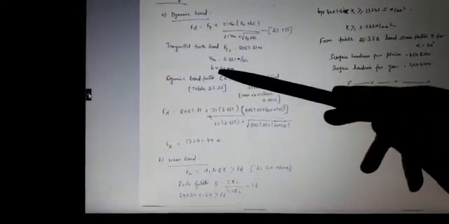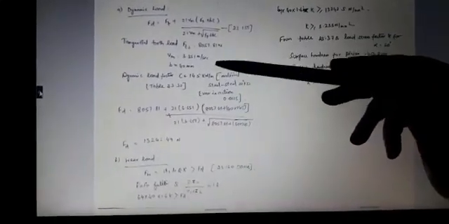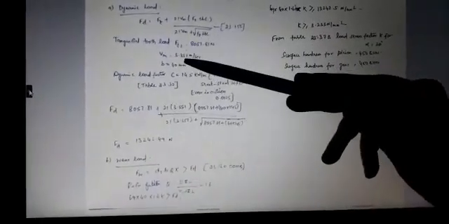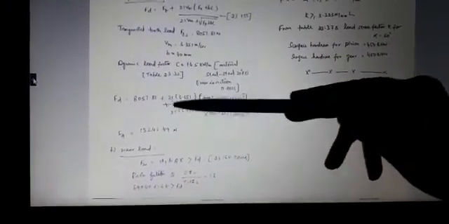C is equal to the dynamic load factor, C equal to 145 kilonewton per meter. Table 23.32 gives the dynamic load factor values. Ft is the tangential tooth load, Vm is the mean velocity, and we already know the face width. Substitute all these values and you find the dynamic load.